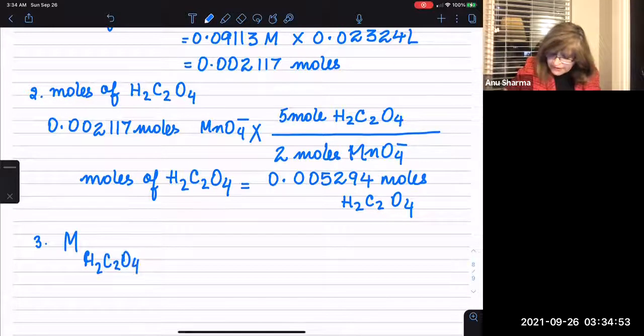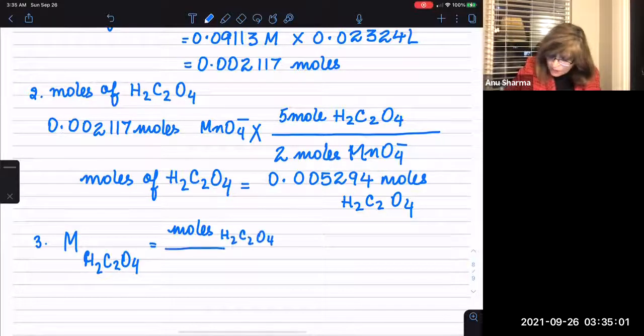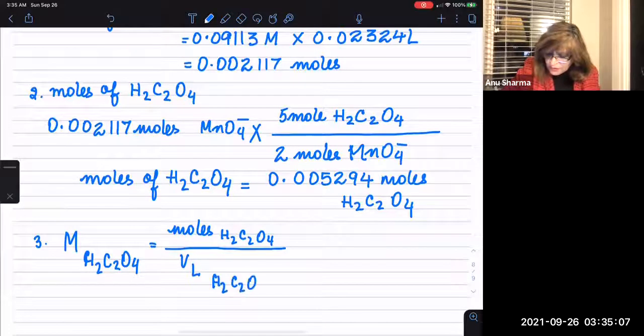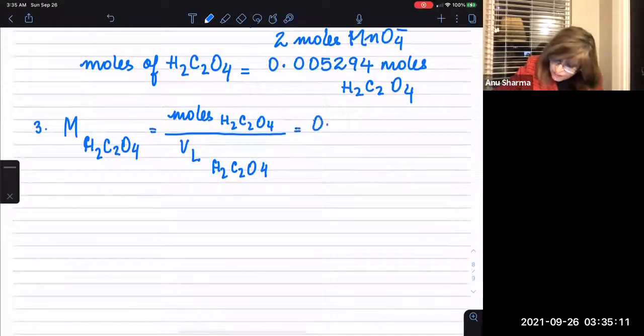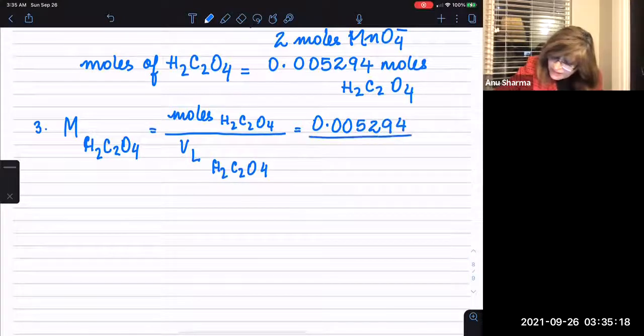Okay, next is the last step, which is to find the molarity of H2C2O4, oxalic acid, and that depends upon the moles of H2C2O4 over the volume of oxalic acid in liters. So here you have the moles 0.005294, divided by the volume.